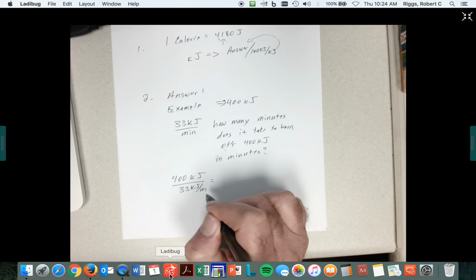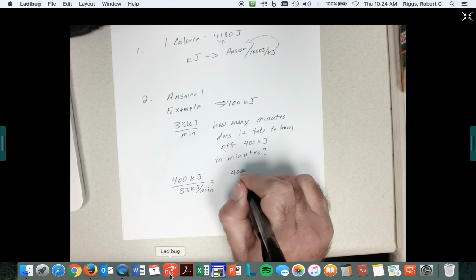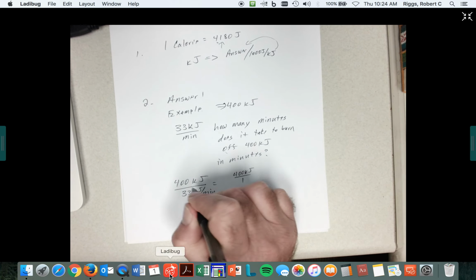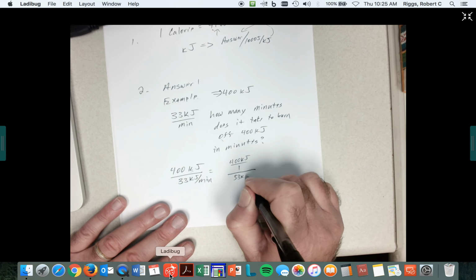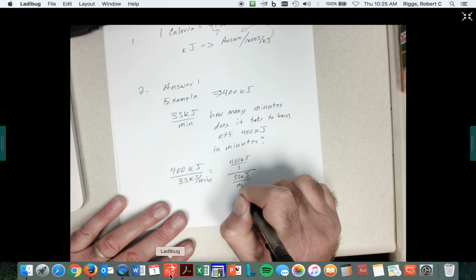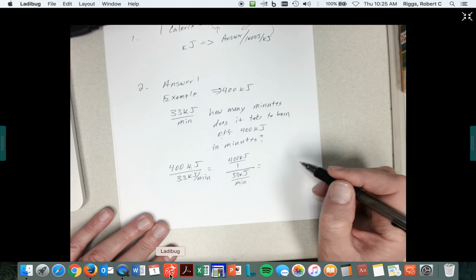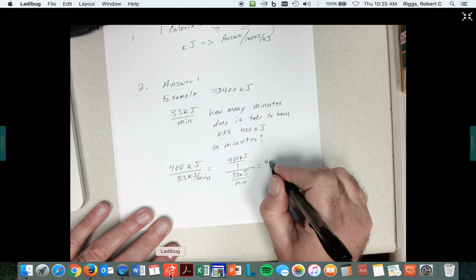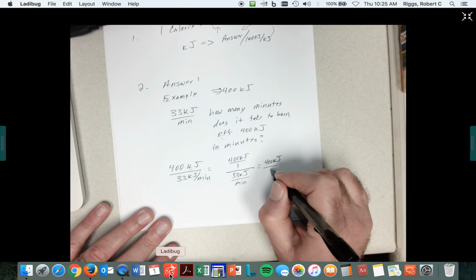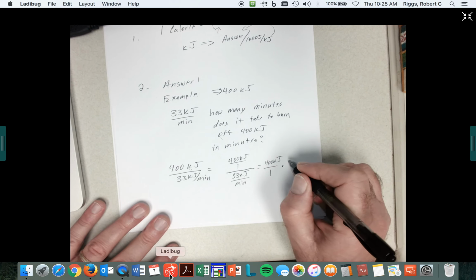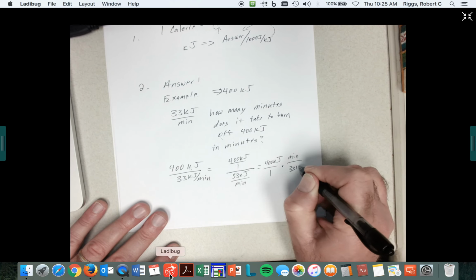Now, why does it work out to be minutes? Because this is per minute here. You get 400 kilojoules over 1, divided by 33 kilojoules per minute. Do you remember how to divide fractions? You flip and multiply. So you've got 400 kilojoules times minutes over 33 kilojoules.